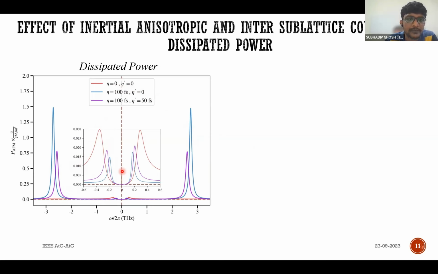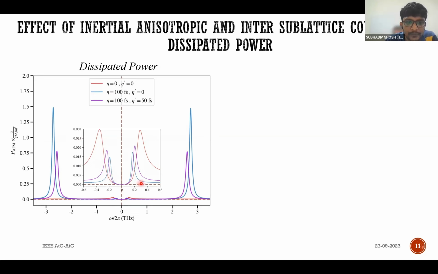It appears, but when we introduce the inertia into the sublattice, then there are two additional peaks which are known as nutation resonance frequencies. And you can see that the nutation motion somehow suppresses the precessional motion, and it goes to a lower frequency side.